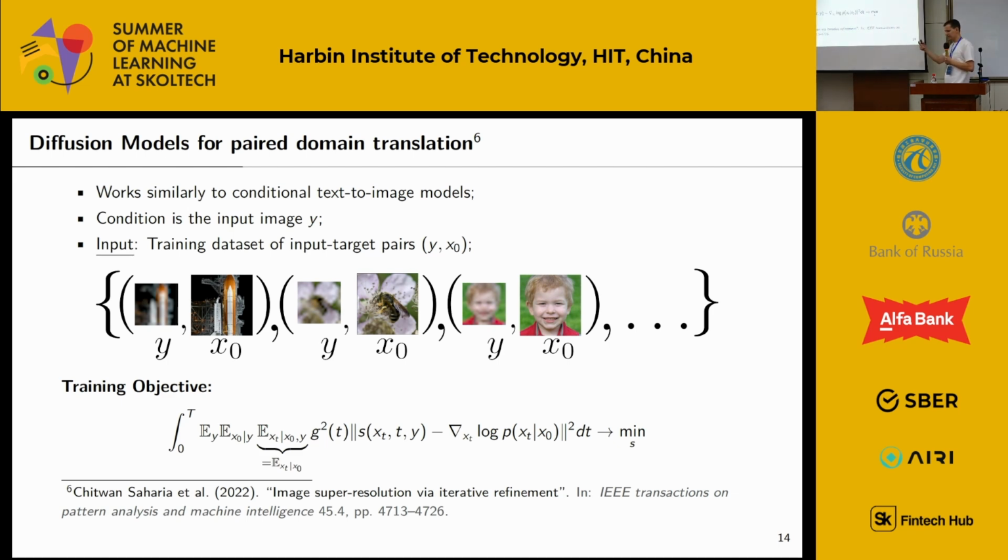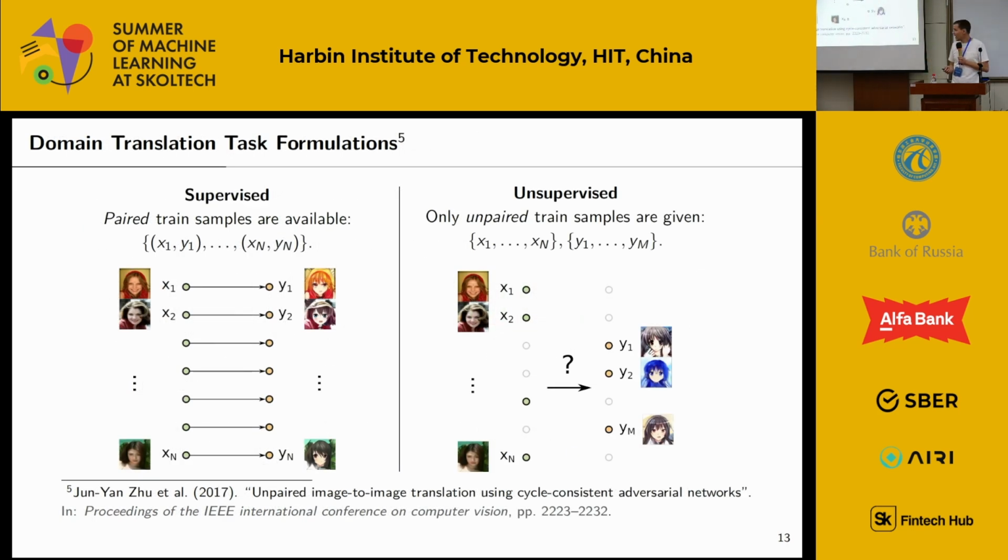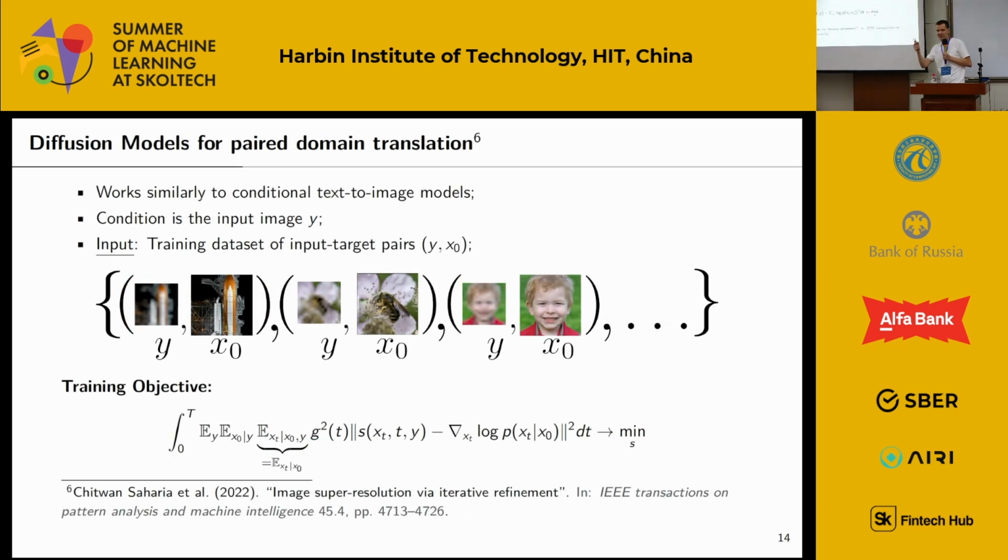Well, let's get back to diffusion models and think about whether diffusion models can be applied to such problems. Well, let's first talk about the conditional paired or supervised domain translation problem. Can diffusion models be applied here? Well, the answer is yes, and the answer is quite obvious. So diffusion models can be straightforwardly applied to paired domain translation problems. How? The same way as they apply to text-to-image problems. So what do we do in text-to-image problems?